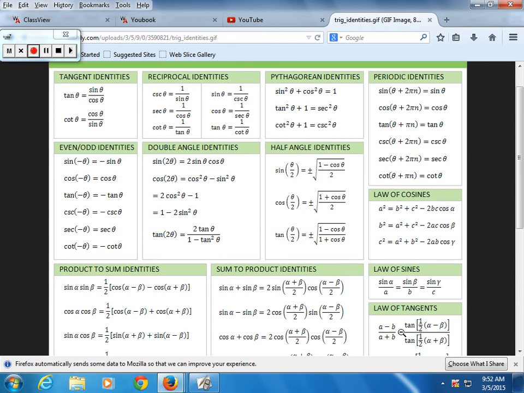Yeah, because it was divided by 2 right here. It would come out to be 2 theta.